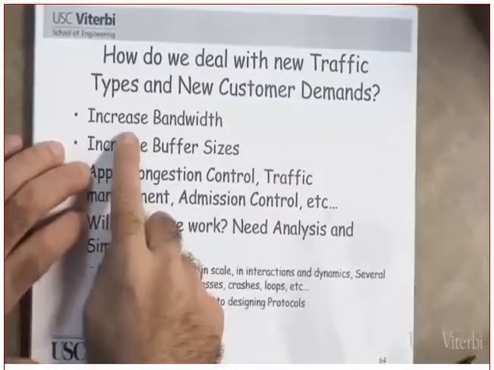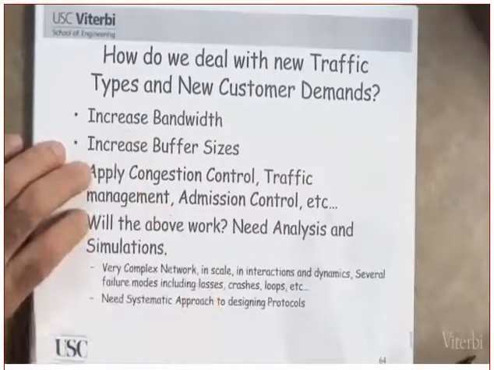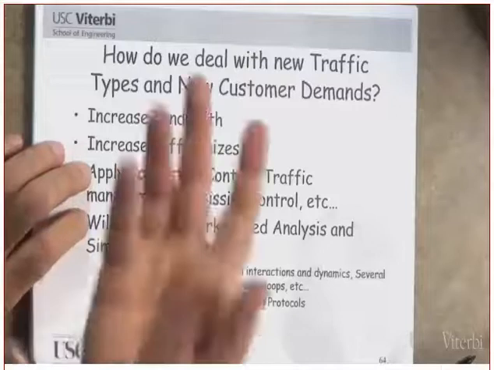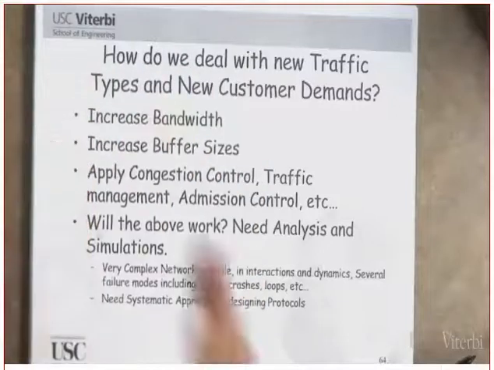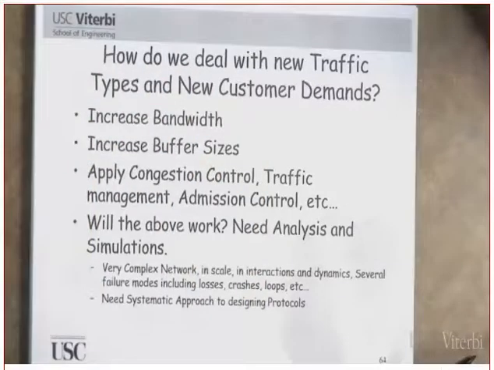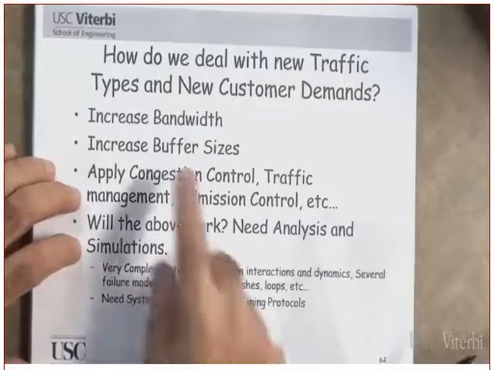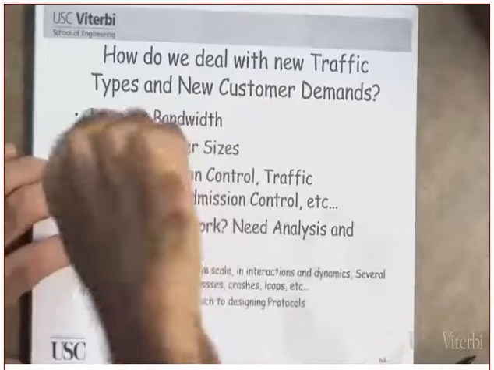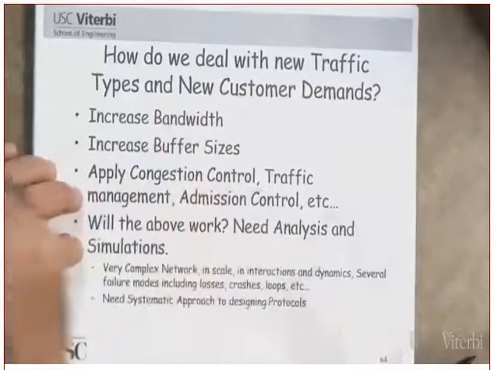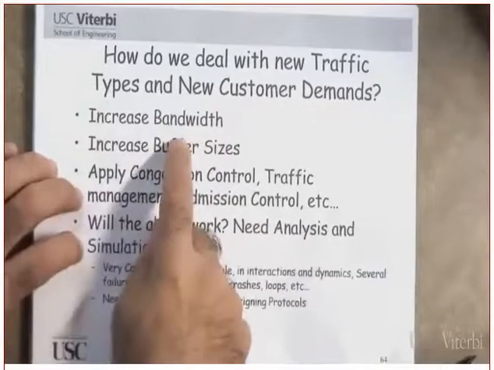Why? Because if you remember, how do you calculate the transmission time of a packet? The transmission time of the packet is the length of the packet divided by the bit rate, or the bandwidth. So increasing the bandwidth results in the delay going down. But that's the easy way out.